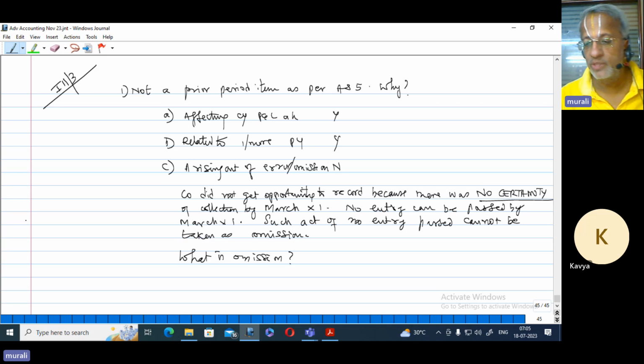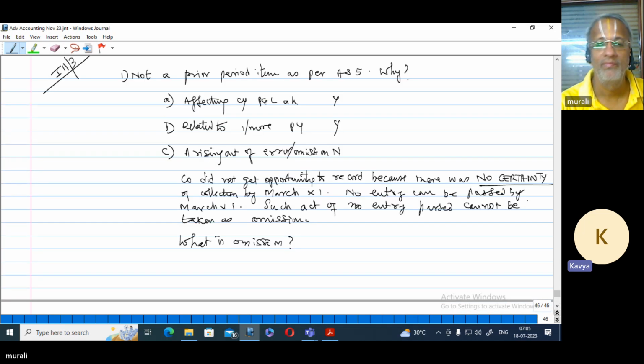So what is the difference between starving and fasting, Kavya? Sir, starving is when we want to have food and we can't have it, and fasting is from our own will. We fast on our own wish, but when we want to have food and can't have it, we starve. Starving is when I have no food.